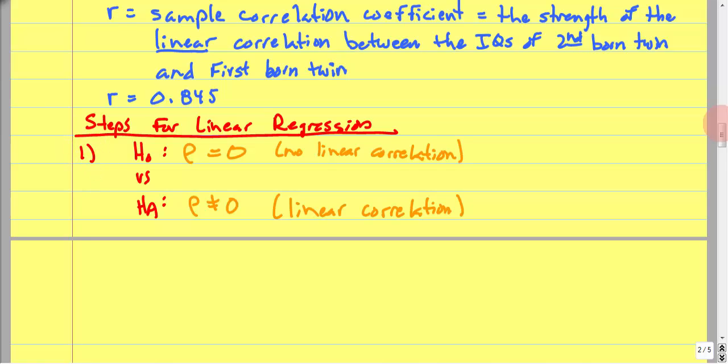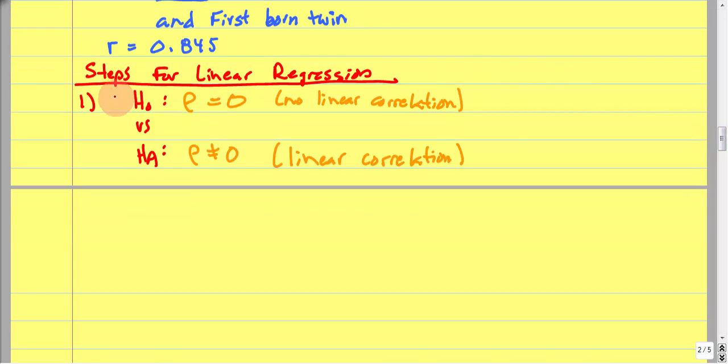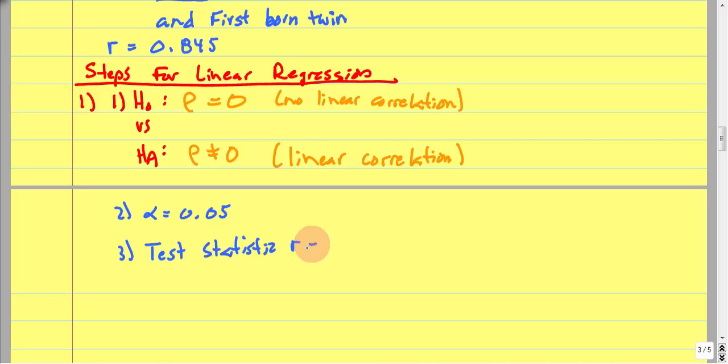My second step is alpha equals 0.05. My third step is to go ahead and calculate my test statistic. Now for this particular case, my test statistic is just my value of R, which is 0.845. Now remember, we can also use the p-value approach to this as well, so if you'd rather do that, you can. I'm going to be using the tables here.